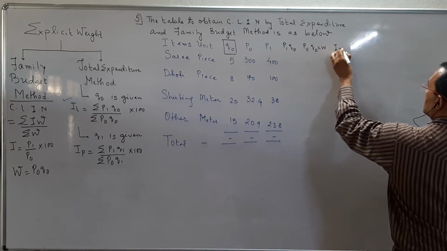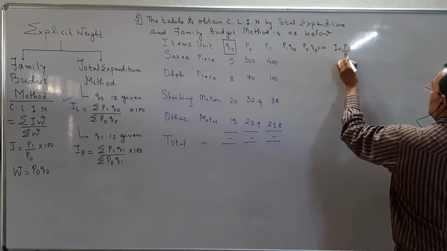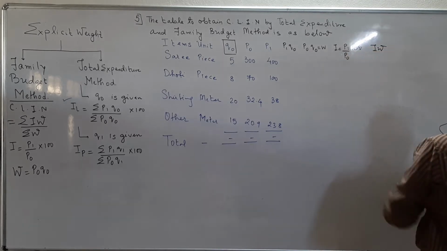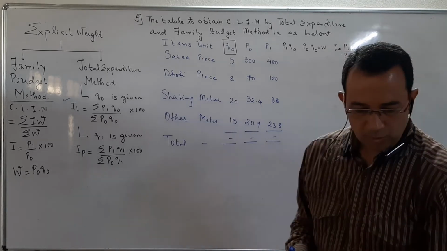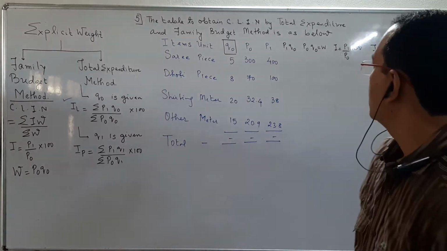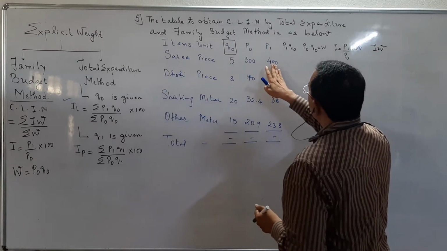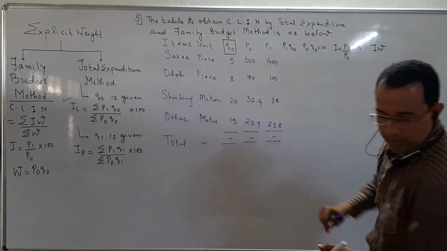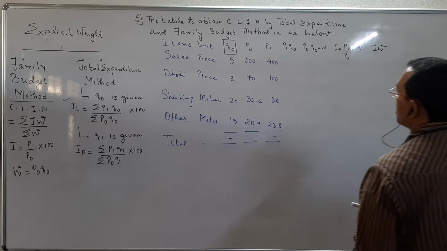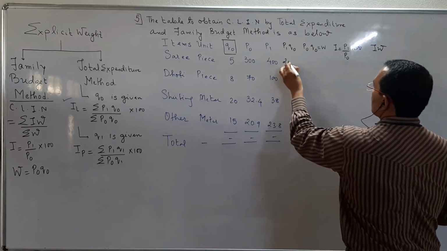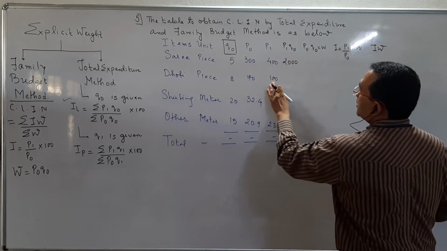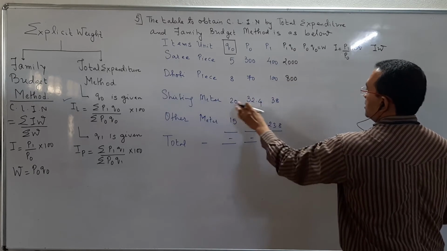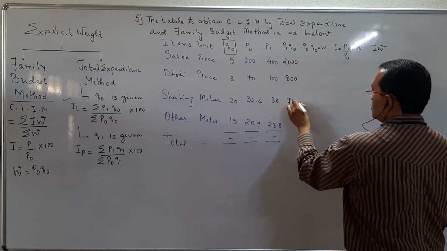Then I, which is P1 upon P0 into 100, and the last column will be IW. P1Q0: 400 into 5, so the first value is 2000. 100 into 8, so 800. 38 into 2, so 760.